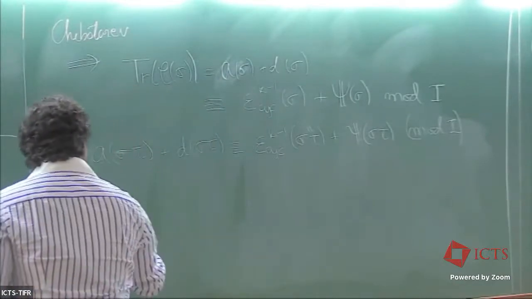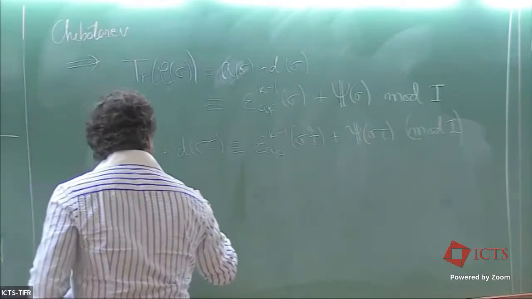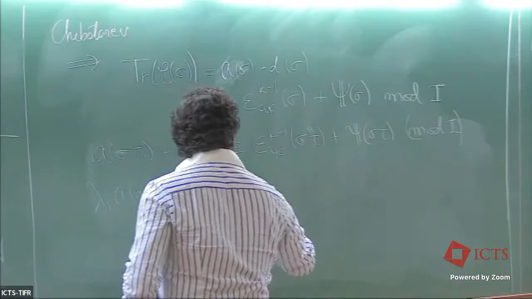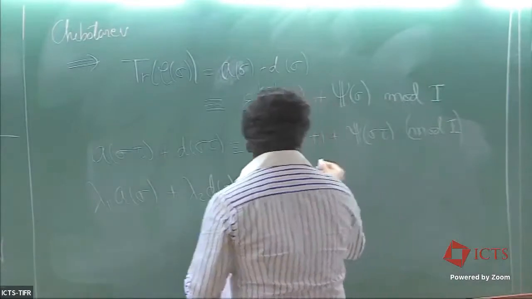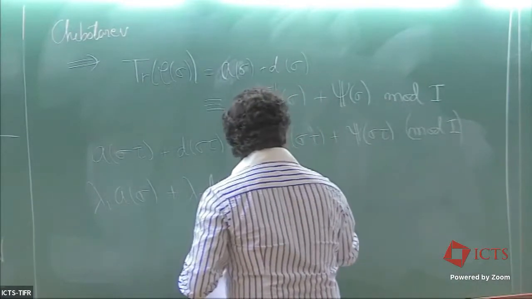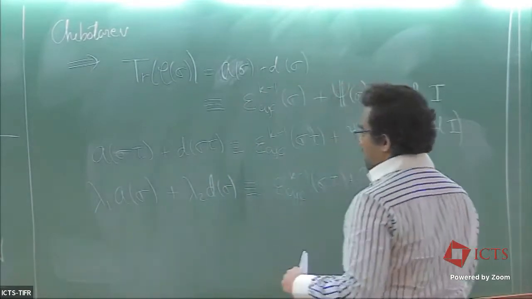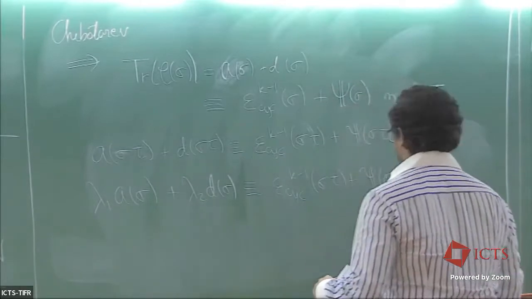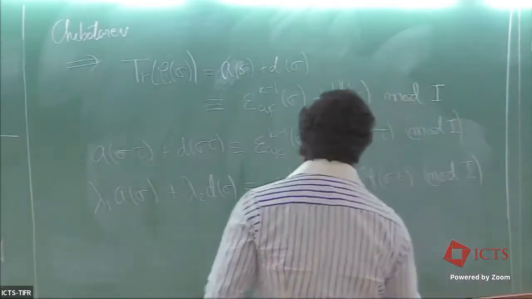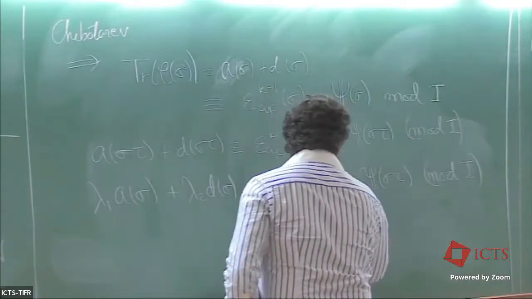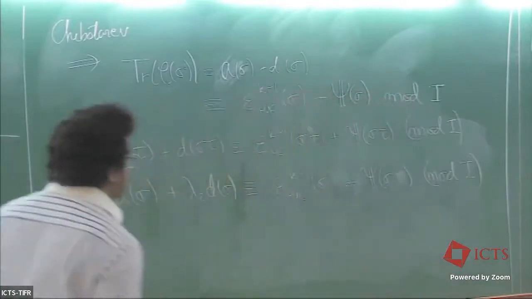So this is lambda 1, putting all the lambda 1 f's together: A sigma plus lambda 2 D sigma is congruent to this modulo I. Sorry, I chose it so that this is complex conjugation. So I actually get something like this.